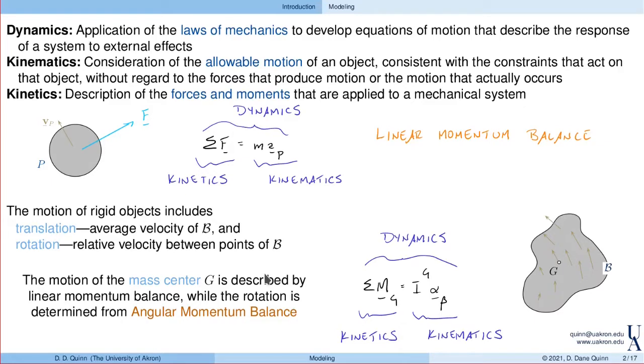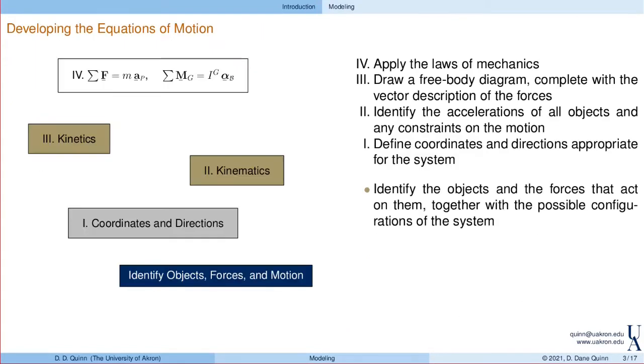So in general, these are the equations that we use: linear momentum balance, and for objects, right, it's going to be linear momentum balance written in terms of the mass center, and then angular momentum balance to describe the resulting rotation of the object.